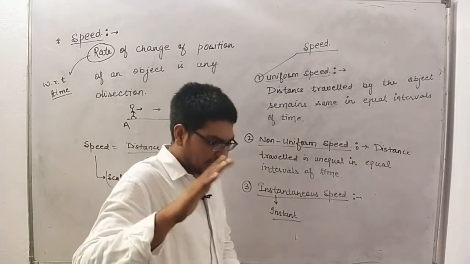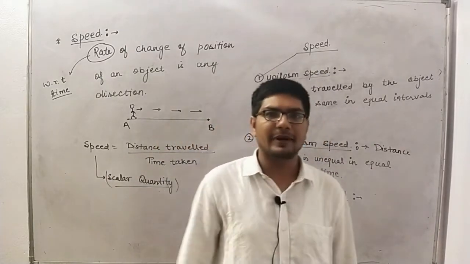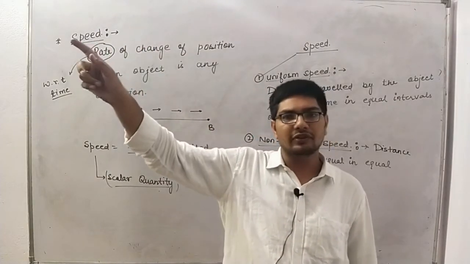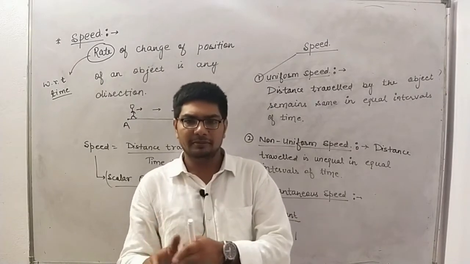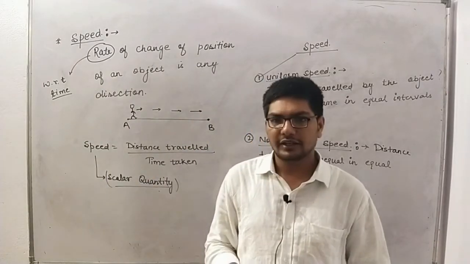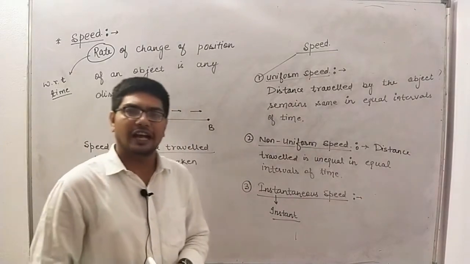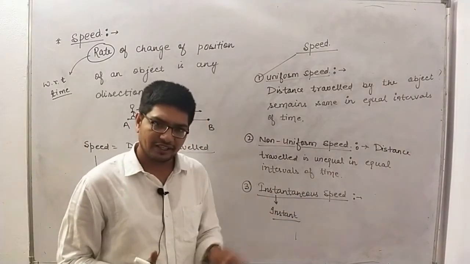And as soon as you press on the accelerator pedal, the speed reaches 100. Then at that moment of time, the speed of the vehicle becomes 100 km per hour. That's the instantaneous speed. Speed at any moment of time is known as instantaneous speed.